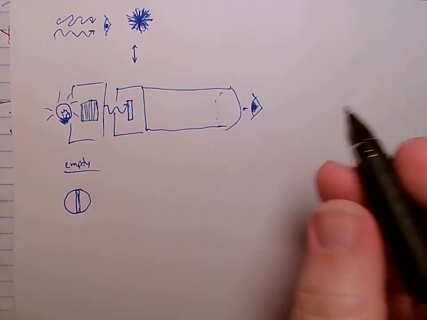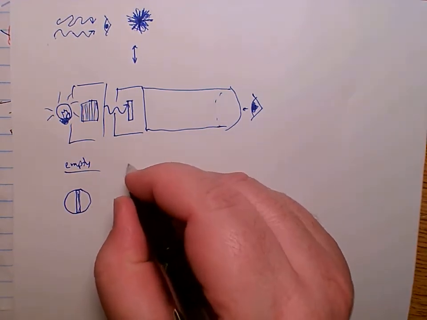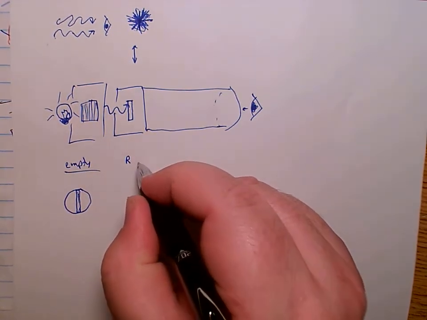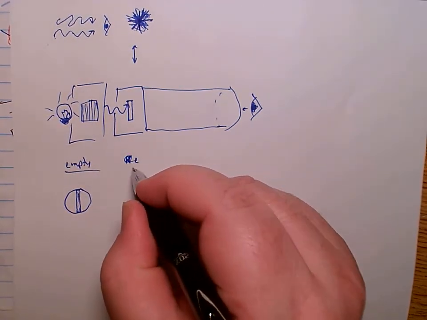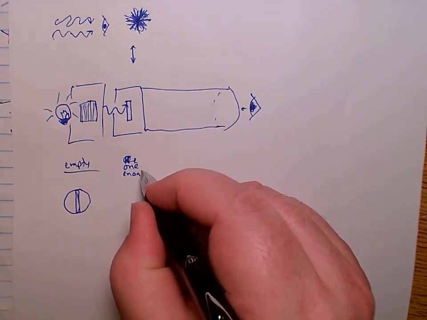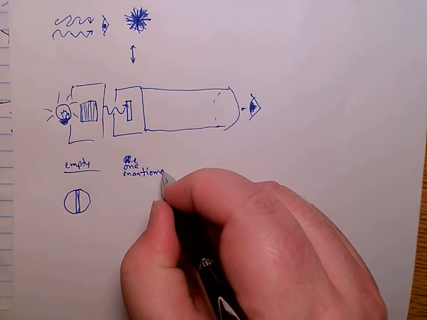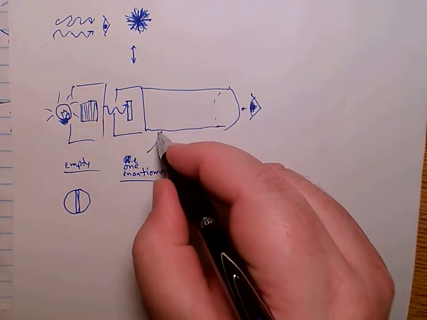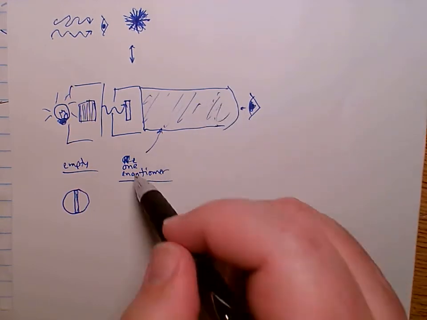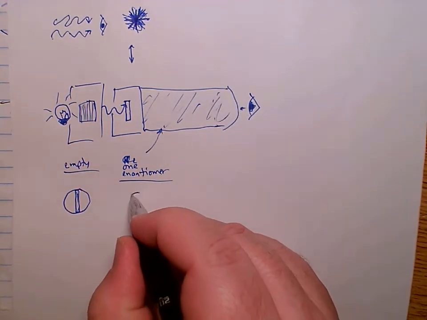Okay, here's the fun thing. What if you put in, let's just go with one enantiomer. You put the one enantiomer into the tube. So you fill this tube up with a solution that has only one of the enantiomers in there.